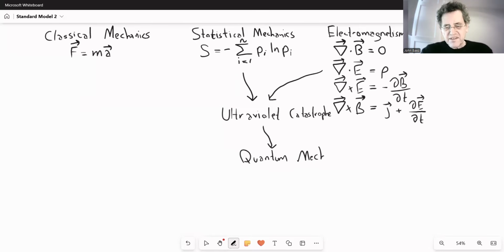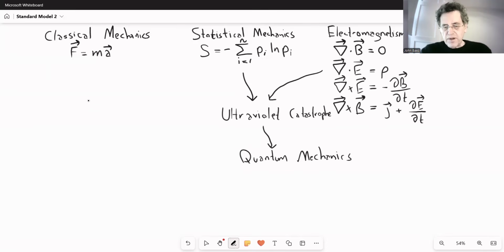Max Planck showed how to get rid of the ultraviolet catastrophe and get the correct distribution of light of different frequencies in a box of light by assuming that light could not have arbitrary energy, but that light of a particular frequency could only come in packets that have some fixed minimum amount of energy.